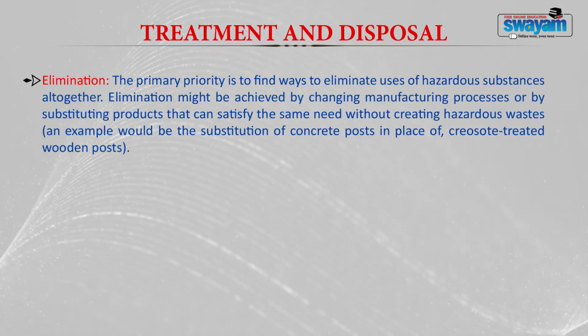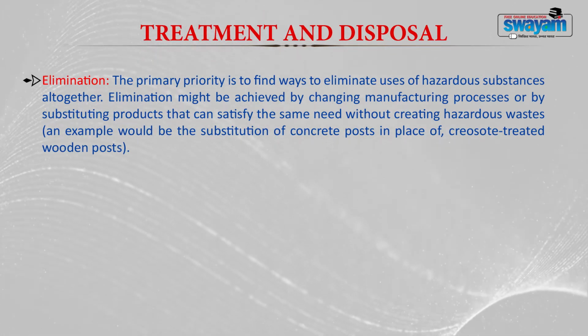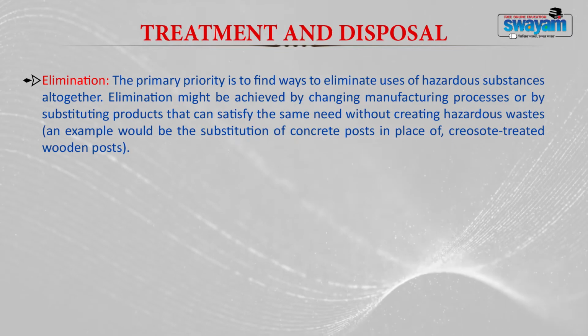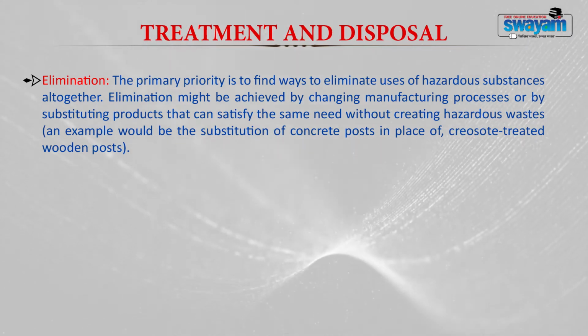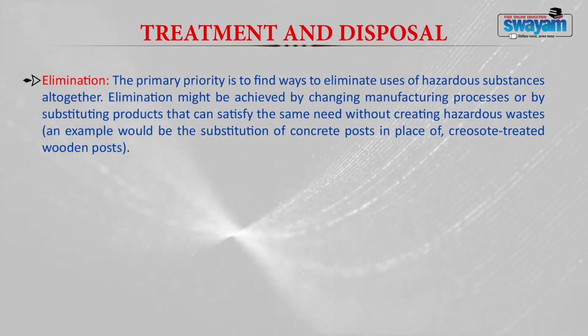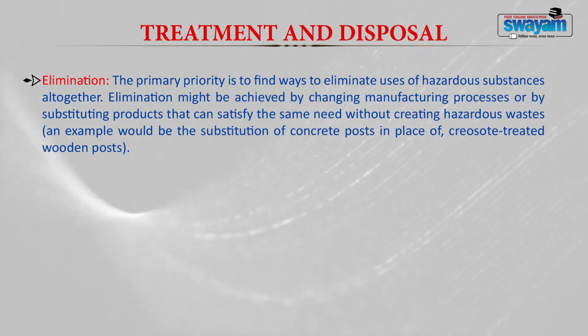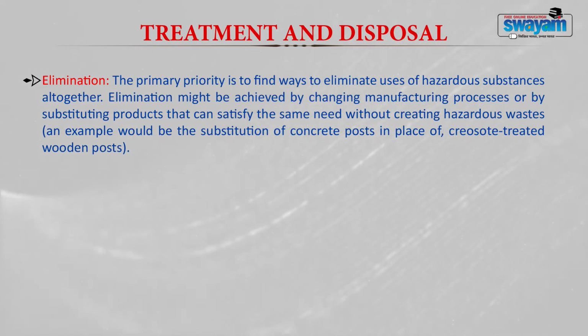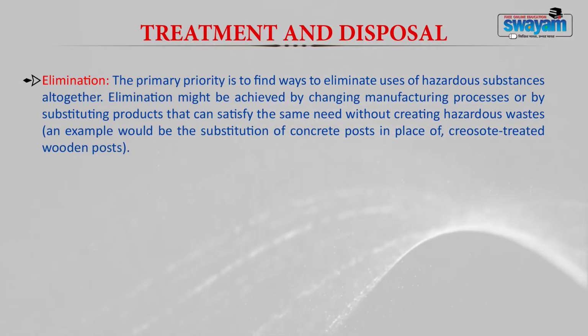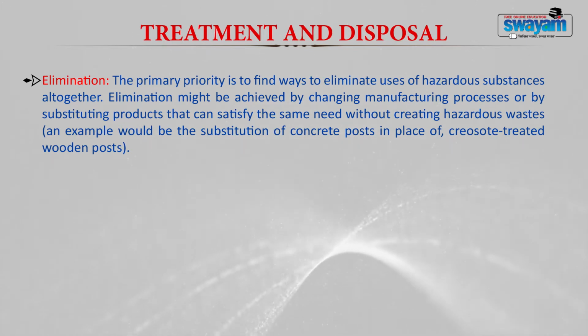This elimination might be achieved by bringing in small changes in the manufacturing process or by substituting products that can satisfy the same need without creating any hazardous waste. For example, you can use concrete posts in place of creosote treated wooden posts.